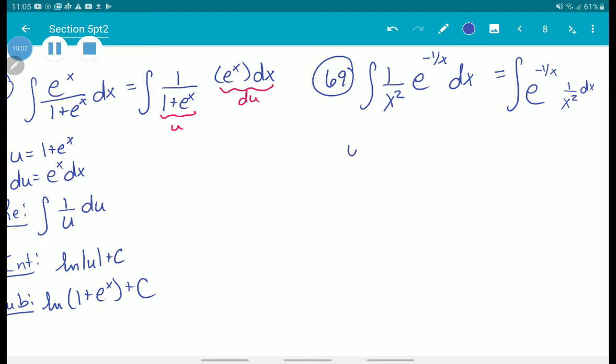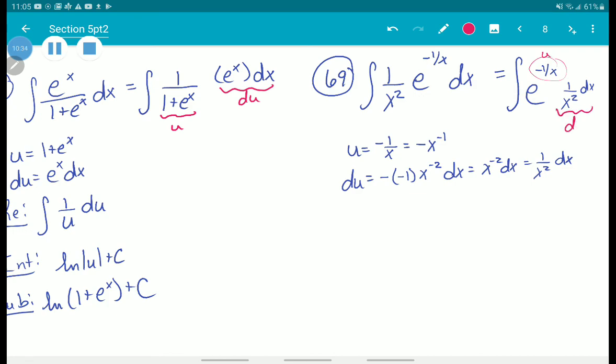So let's try letting u be that exponent, which we could rewrite as negative x to the negative 1. The derivative of that exponent, we would bring the exponent down, subtract 1 from the exponent. So that's actually going to be a positive x to the negative 2 dx, which is the same thing as 1 over x squared times dx. So you can see in this case, if we let that exponent be u, du ends up being all of this.